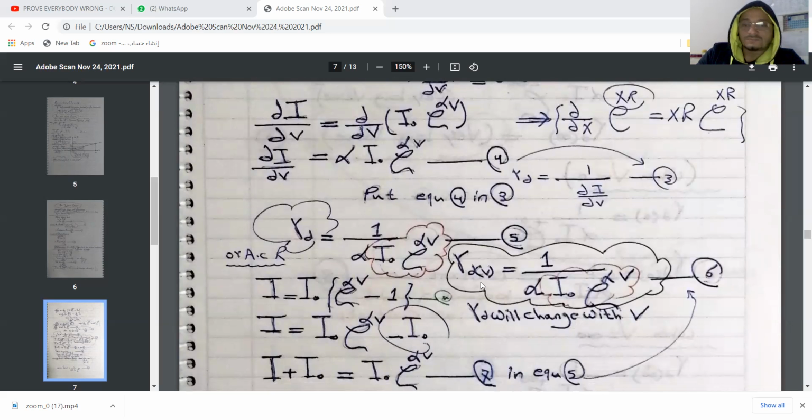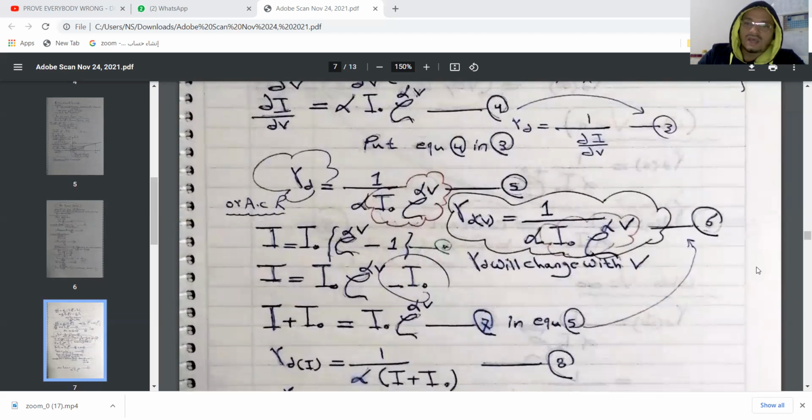And because the dynamic resistance is related to V, we can write it like that as equation number 5. And we can write it in another way. From the shortcut equation, we can say I plus I naught equals saturation current exponential alpha V. Instead of that, equation number 6 will be 1 divided by alpha times I plus I naught.